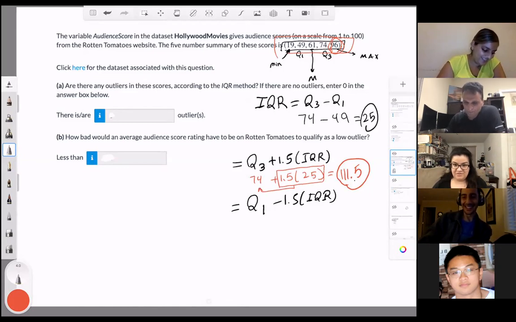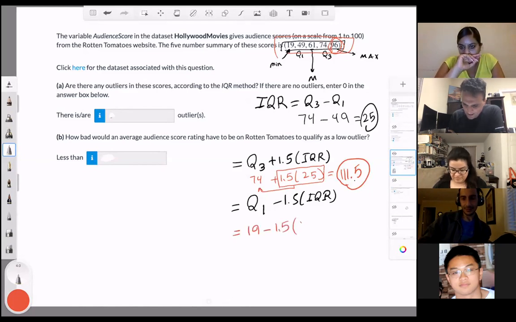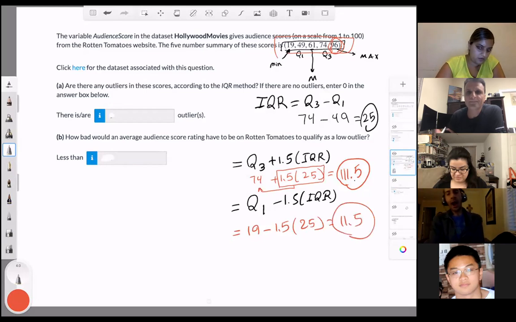So there is no outlier after the maximum. What about the minimum? We have Q1, which is 19 minus 1.5 times 25. If we calculate this, we get 11.5.